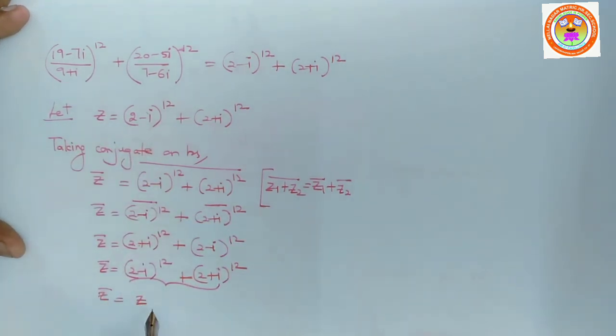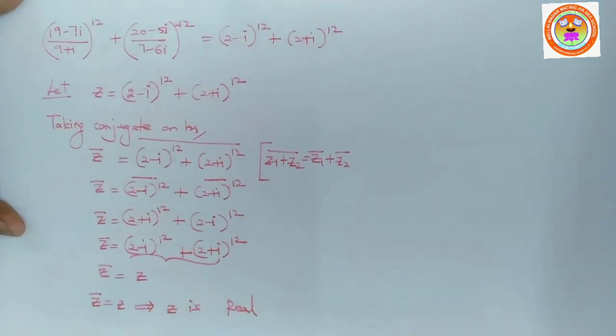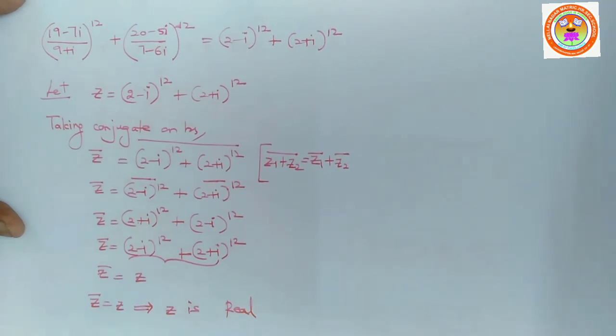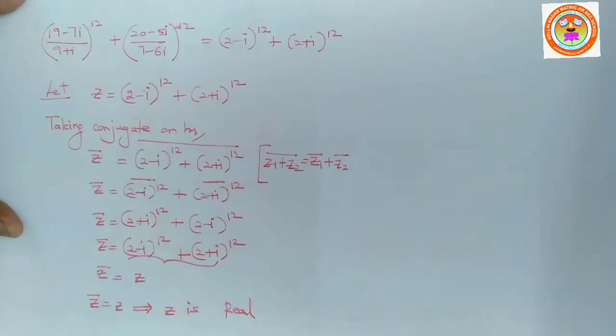If z bar is equal to z, which implies z is real. We know that if z is real, we can say z is equal to z bar. So within this we finish this exercise and the sum.